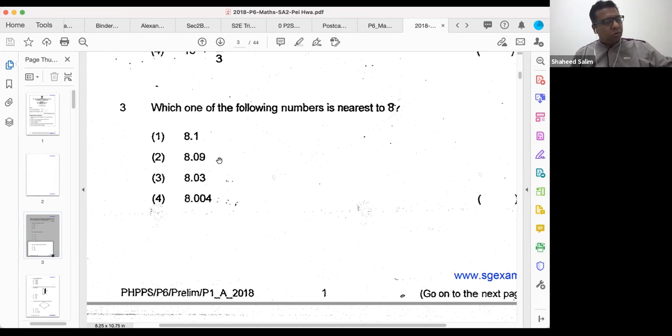Make sure you have the same decimal place. You can see. Okay, let me see here. Closest, not biggest. They didn't ask you which one is biggest.